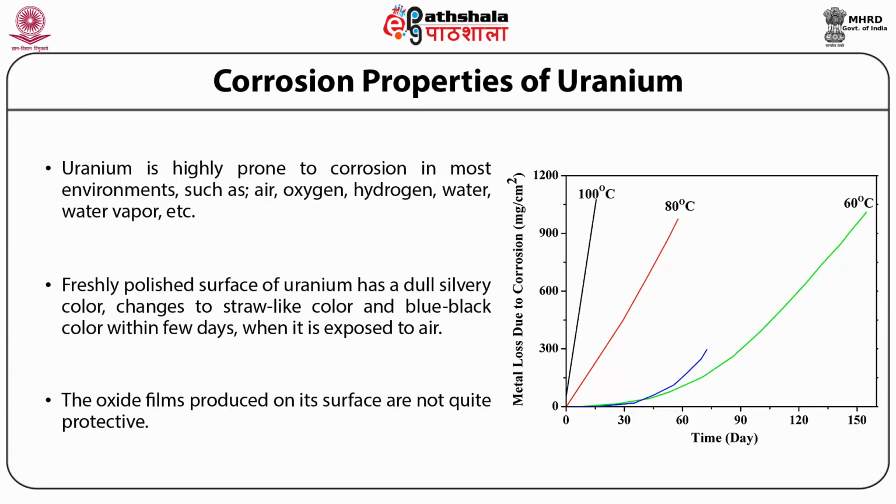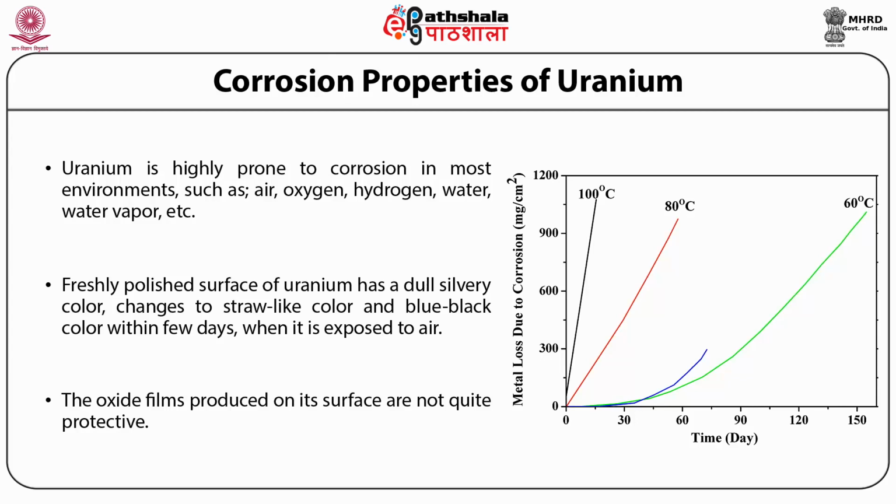Unalloyed uranium shows highly corrosive nature in water as shown in the figure. Within 50 to 70 degrees Celsius, the originally formed uranium dioxide film protects metal uranium for a significant period of time. However, as temperature increases beyond 70 degrees Celsius, corrosion rate also increases.